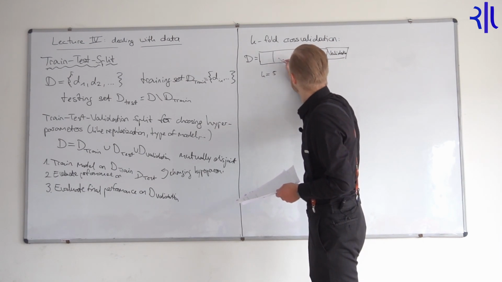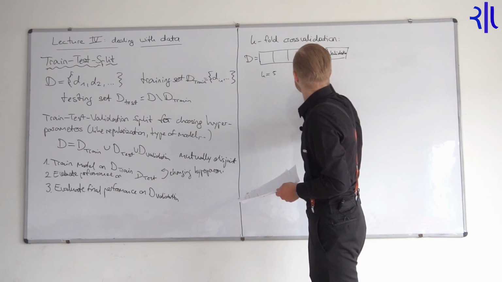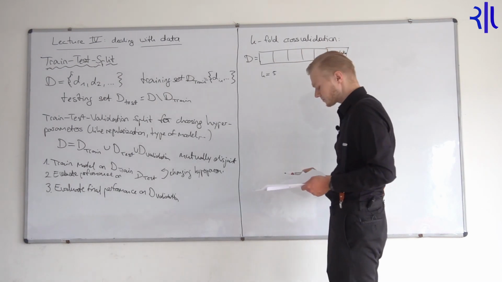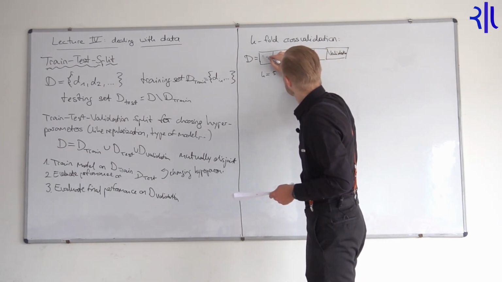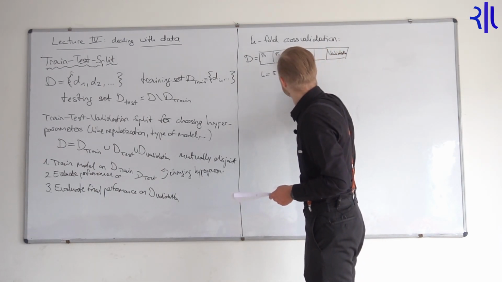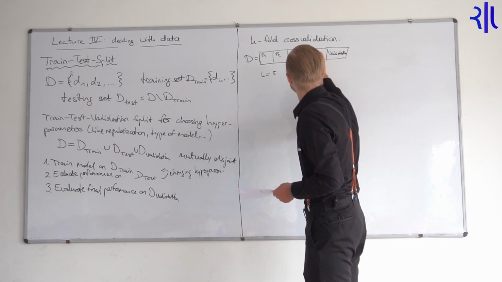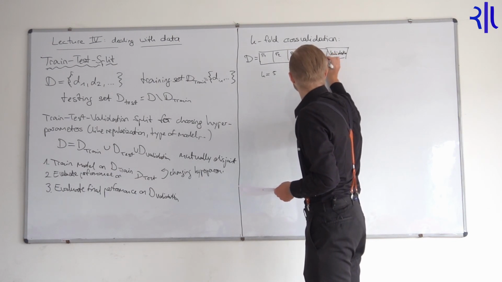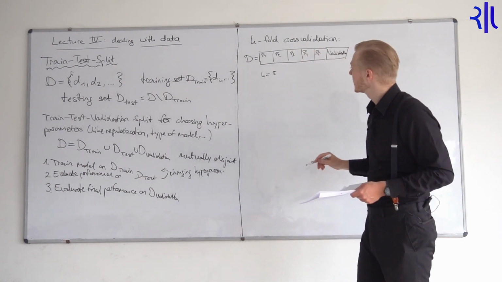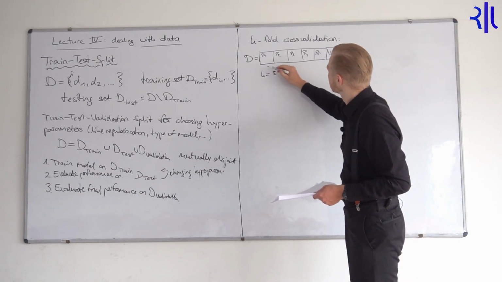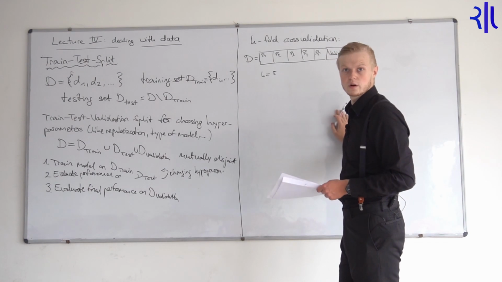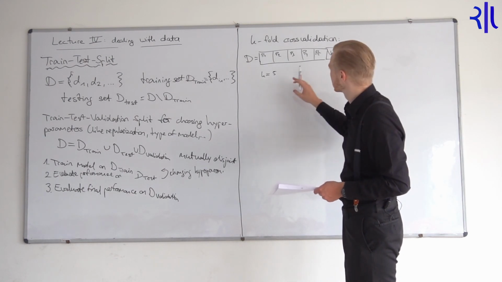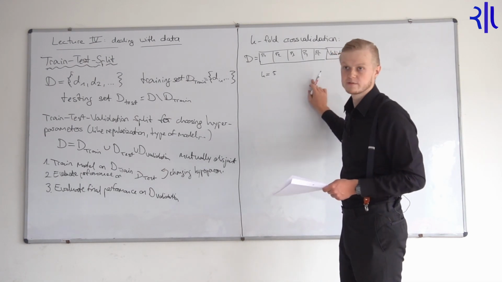We have 1, 2, 3, 4 parts here. Part 1, part 2, part 3, part 4 and part 5. And what we now do is first we train the model on the first 4 parts, P1 to P4, and test on P5.